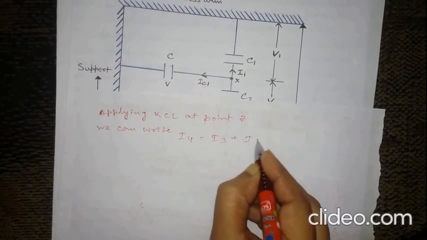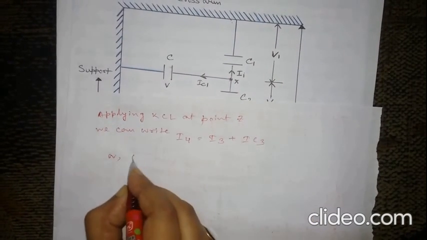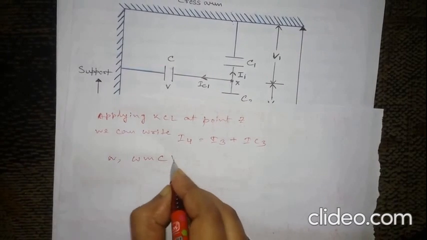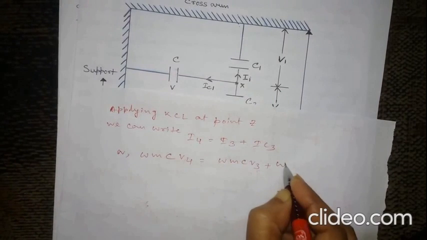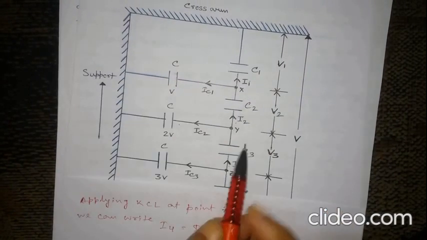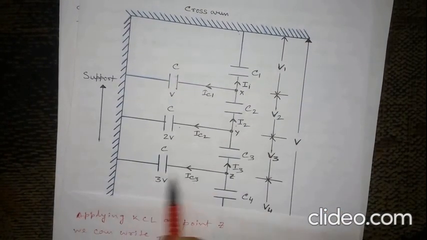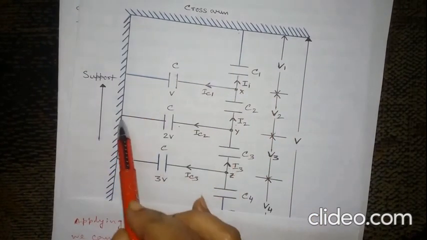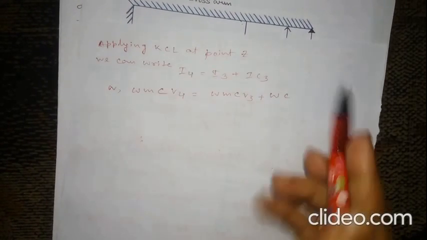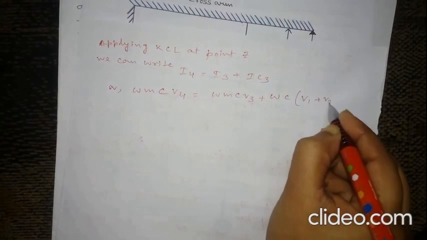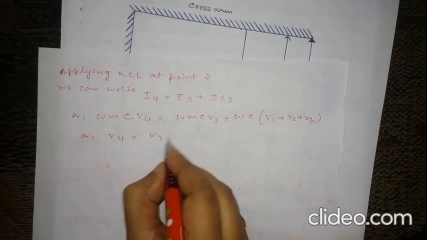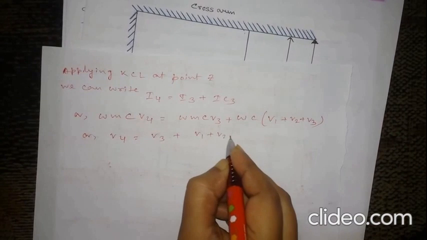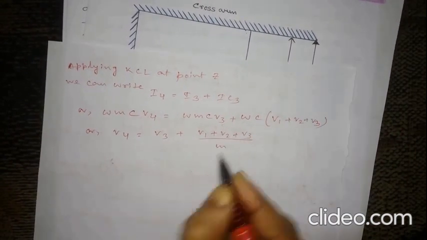Or similarly, omega MC V4 equal to omega MC V3 plus omega C IC3. That means omega C (V1 plus V2 plus V3). Or V4 equal to V3 plus (V1 plus V2 plus V3) by M.